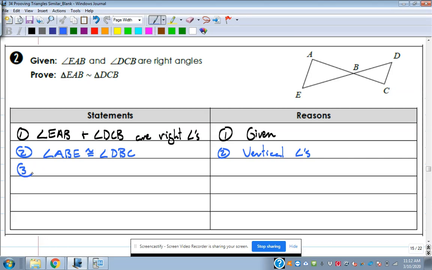So we need to say that angle EAB is congruent to angle DCB. Right angles are congruent. We know that.